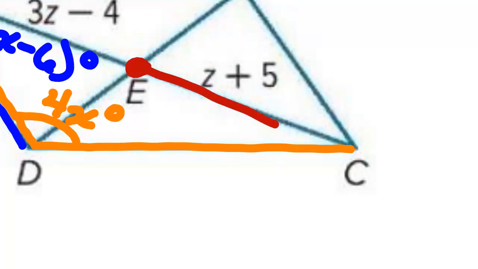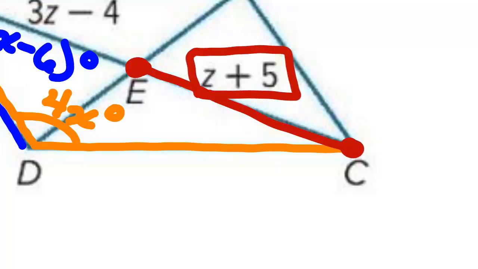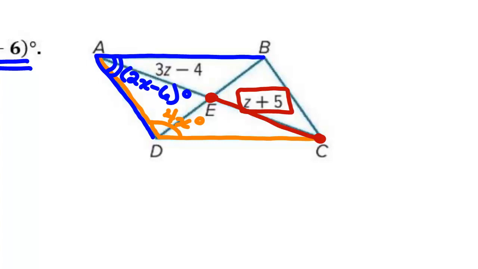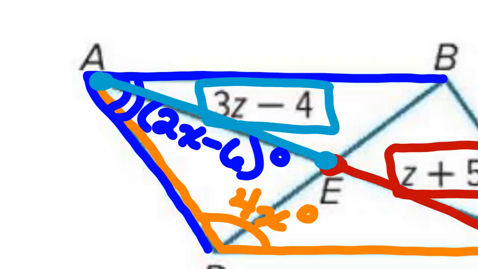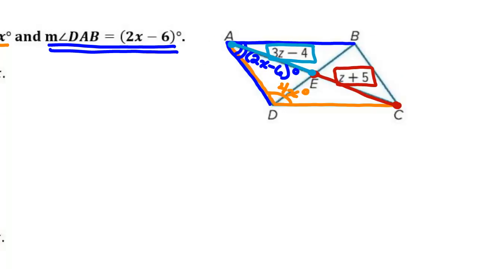From E to C is z plus 5. And from A to E is 3z minus 4. They want us to find the measure of x and to find the measure of z.